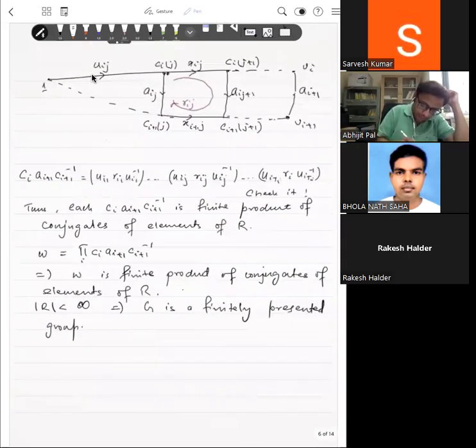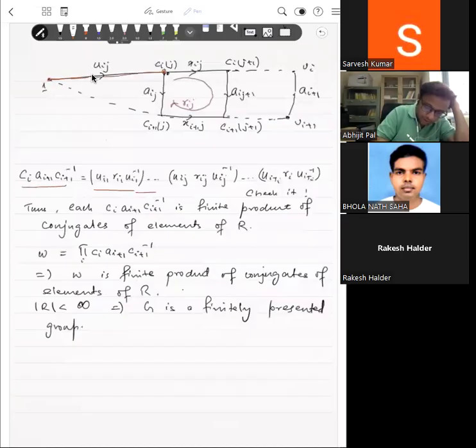Again, we have this picture. This Ci inverse you can again write as a product of these things. What is Uij? Uij is the geodesic word representing the geodesic joining 1 to Cij.